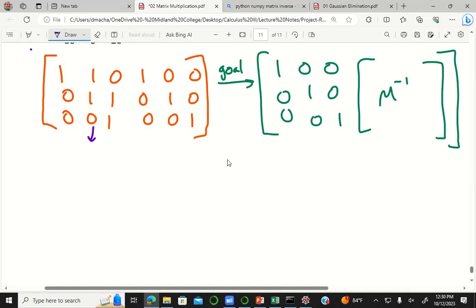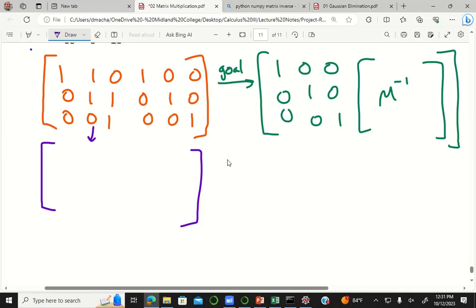So, using Gaussian elimination, I've already got 1, 0, 0. First column is perfect. The second column, not super great.